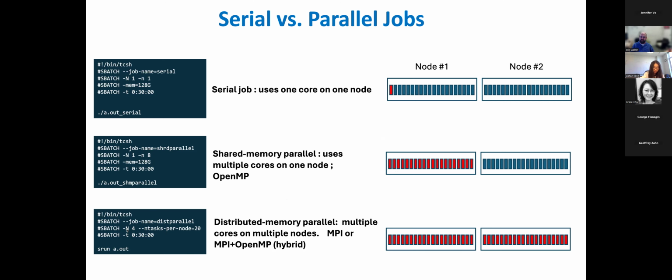So here I'm saying -N 4 nodes and 20 tasks per node, which essentially means cores in this context. So I'm going to get 80 cores, 20 on 4 nodes. And that would be like over here, we're going to just fill up 4 nodes, all the cores on each of them. And whether it's all MPI or hybrid does not matter for this type of batch script.